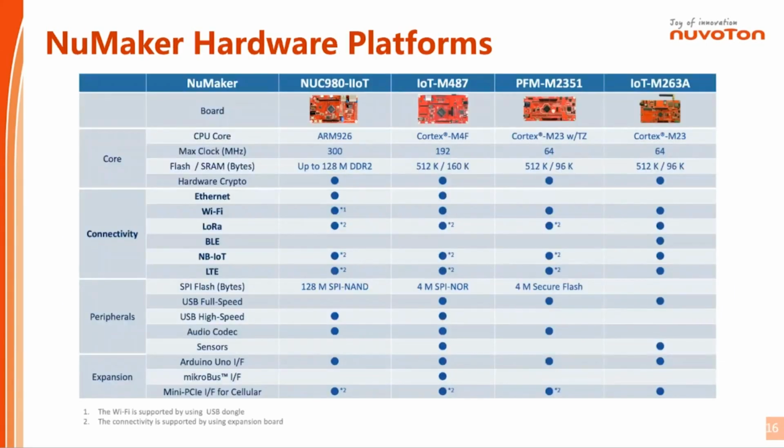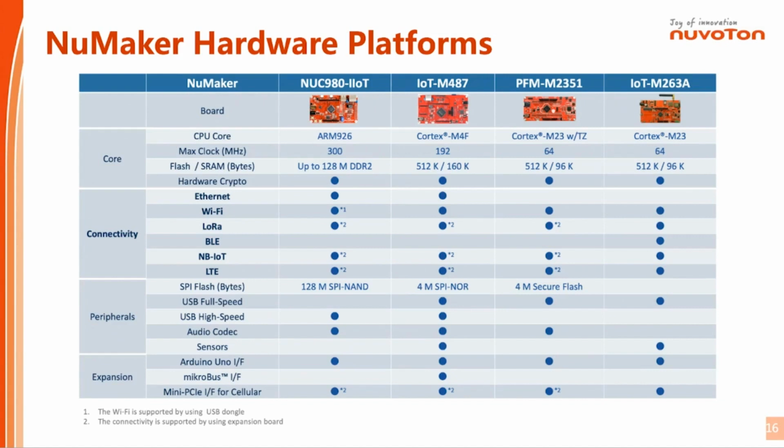Here we list the major hardware specifications of the NuMaker platform together for you. I already mentioned the core part. One more thing is that all these microprocessors and microcontrollers have a crypto engine to isolate data encryption and decryption. Onboard SPI flash provides extra storage for code or data. For connectivity, Ethernet is only supported on the left two boards.